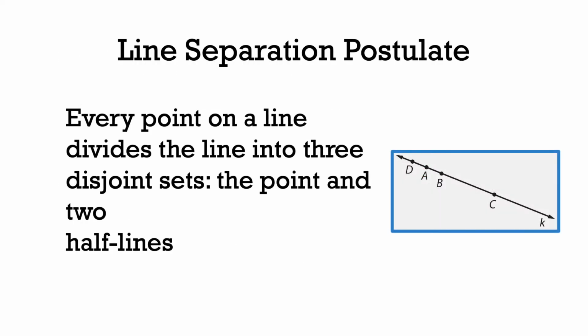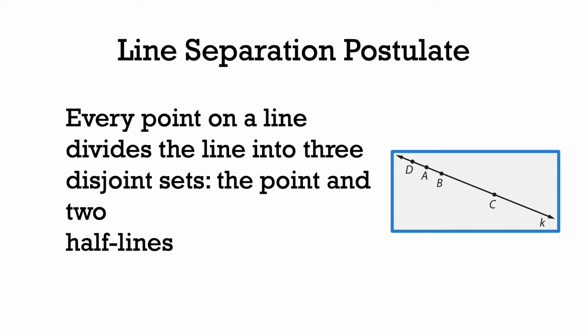Okay, we have two postulates, if I remember correctly, in this section. So the first postulate is the line separation postulate. Every point on a line divides the line into three disjoint sets. Okay, that means that these sets are not connected. It includes the point and two half lines.